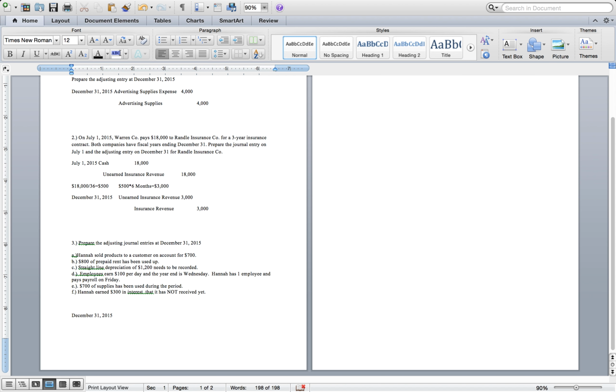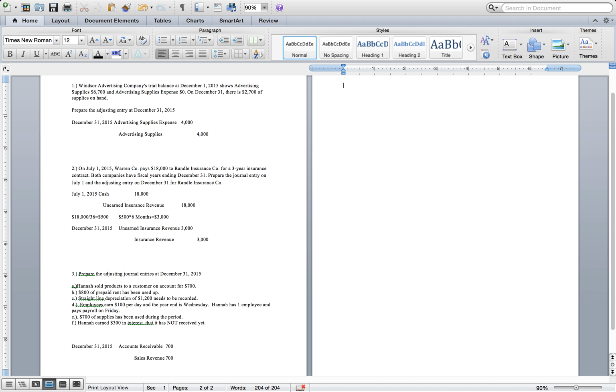Now, anytime you make a sale, like it says here, on account, you always want to increase your asset account of accounts receivable. So I'm going to start by debiting accounts receivable for $700. And even though I didn't get paid for it, I earned the revenue, so I can credit sales revenue for $700.